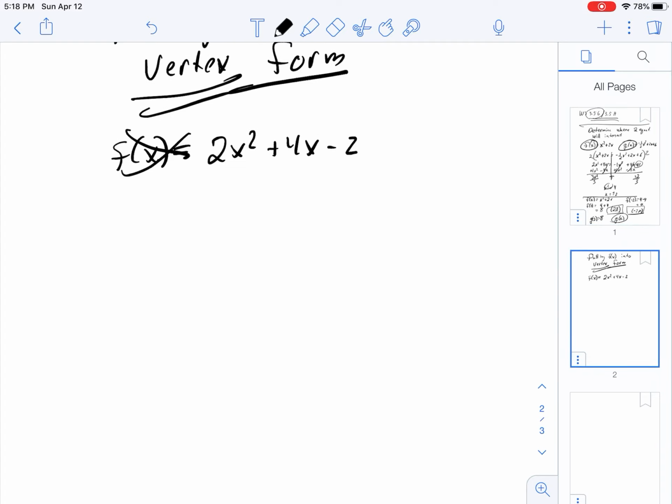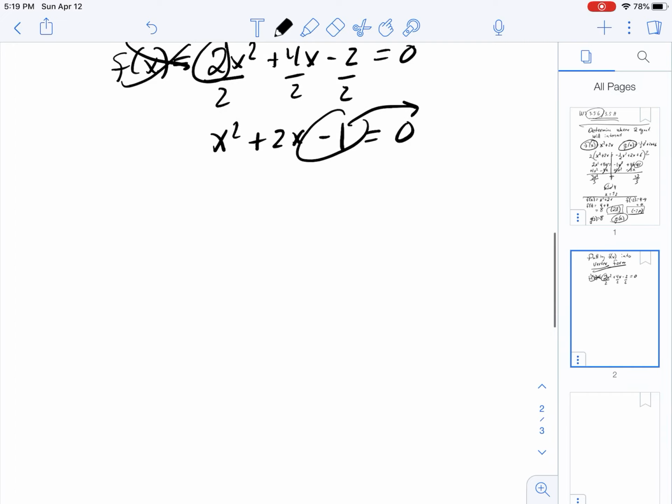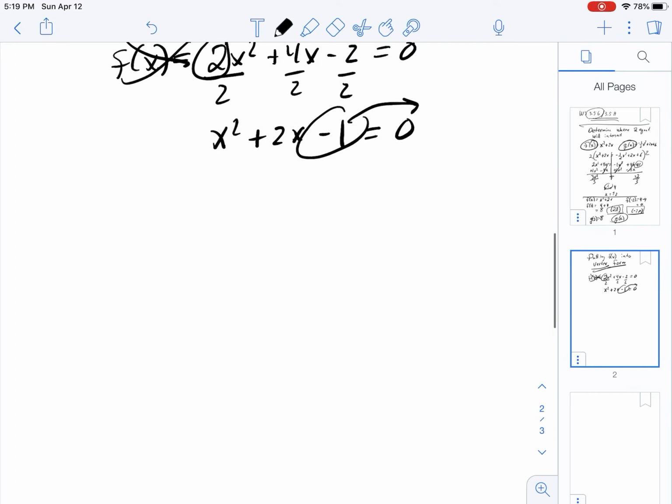Okay, so remember we dropped that off, set equal to 0. Two things we've got to do to start off with. We've got to have a 1 here, so let's divide everything by 2. So we have x squared plus 2x minus 1 equals 0. Next thing is to move that over. So we have x squared plus 2x plus blank equals 1 plus blank.